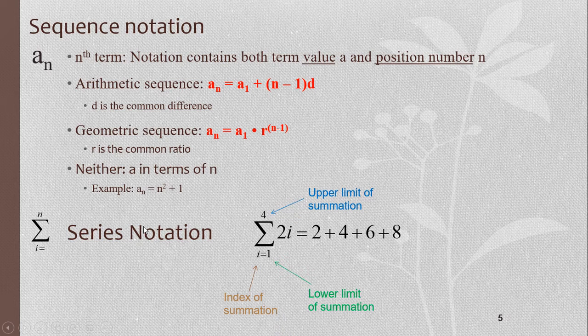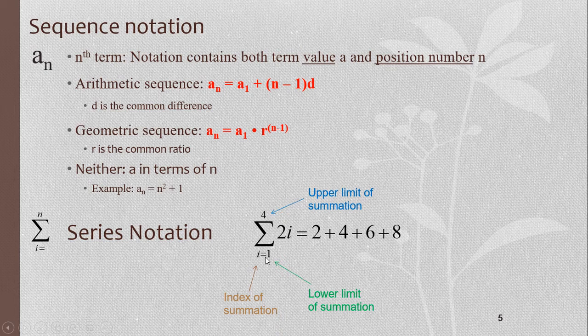Series notation, we'll look at this. I've got this uppercase sigma. It's not just used for Greek sorority houses. Sigma means a summation. I'm going to sum this term 2i, starting at i equals 1 and finishing at i equals 4.